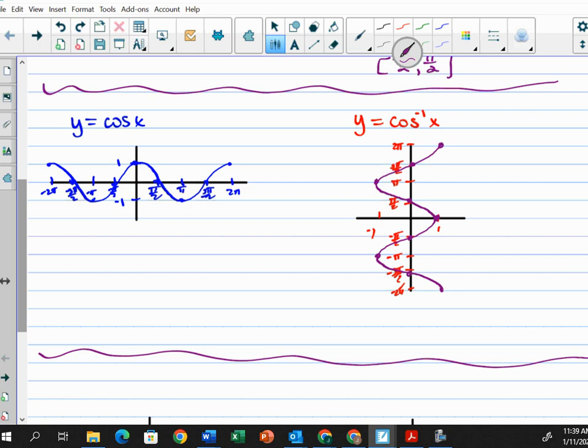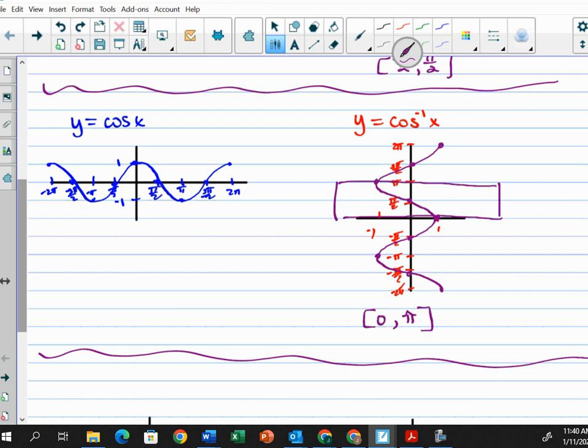I would go 0 to pi. Do you guys see it? That little section. Again, there are other windows that would cover those same values, but this is the window of choice, okay? Do you see it?